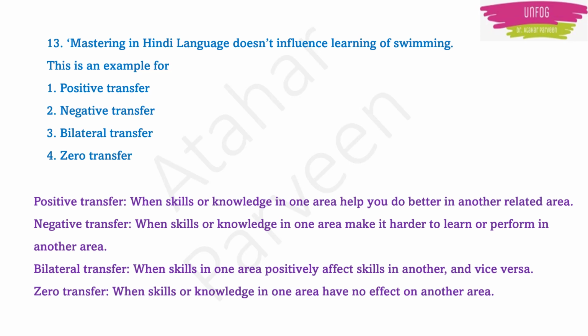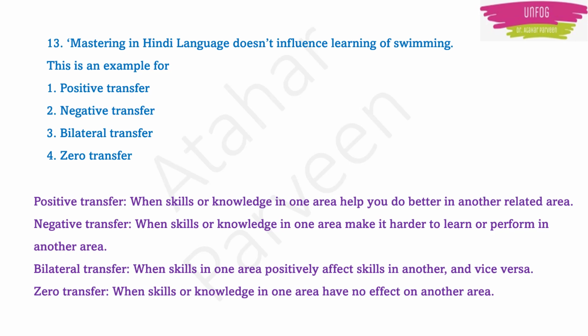So positive transfer means when skills or knowledge in one area help you to do better in another similar related area. That becomes positive transfer. Think that you are a physics teacher. Okay. You are told to take chemistry class someday.